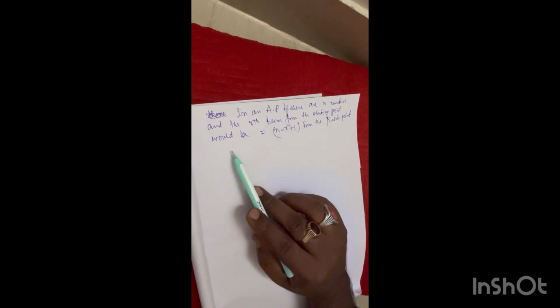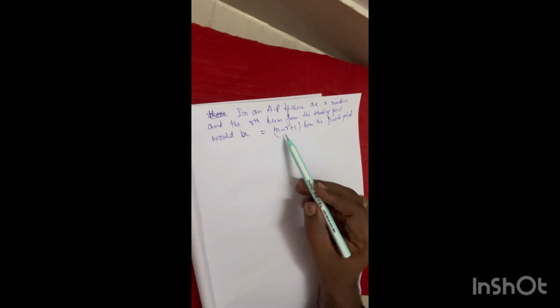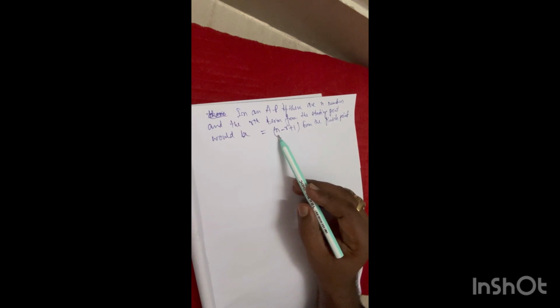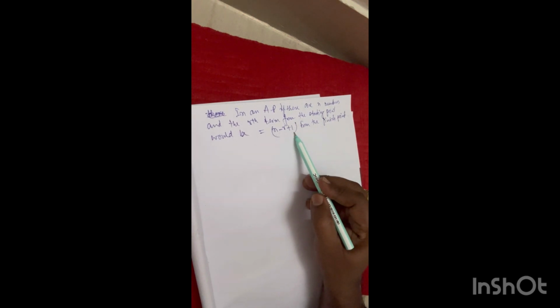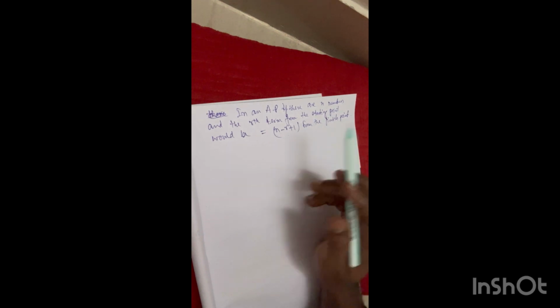So this is the rule that I have established. Any count from the front is equal to the n minus r plus 1 count from the back end.